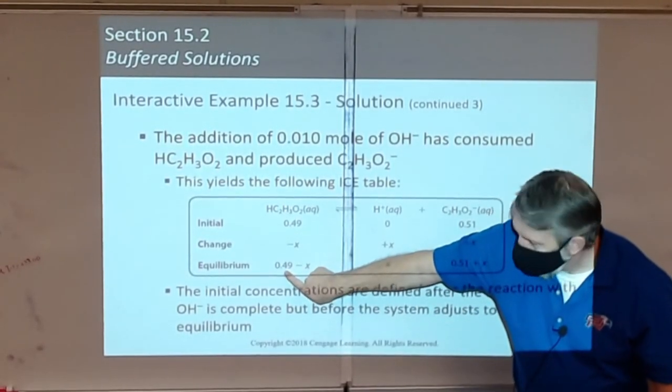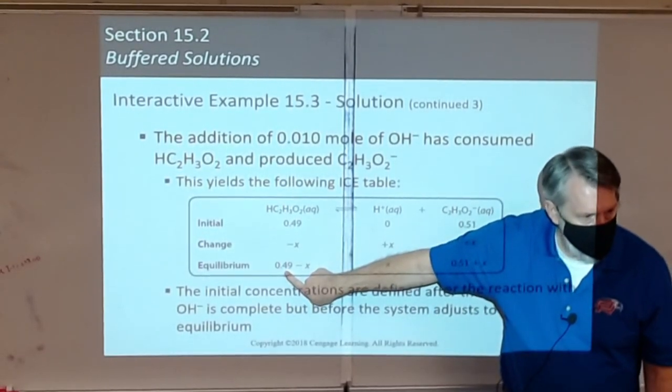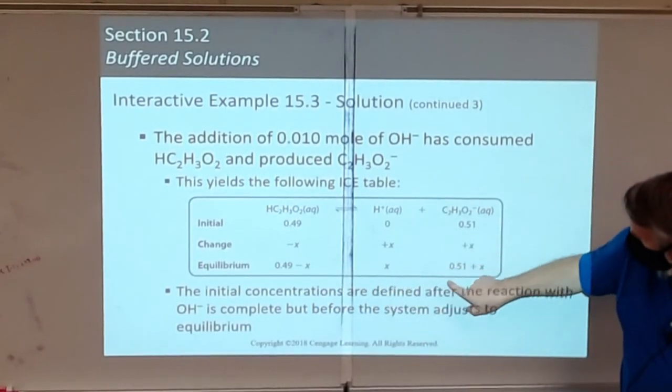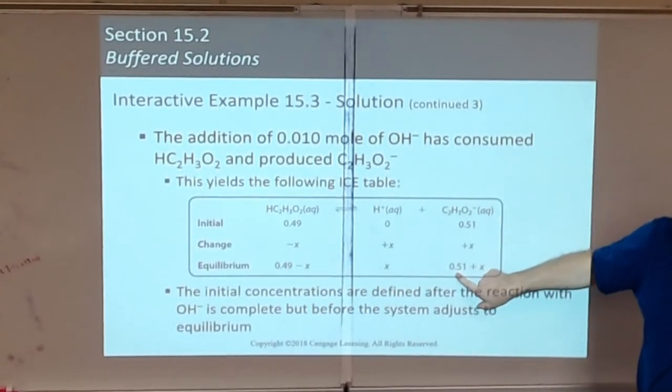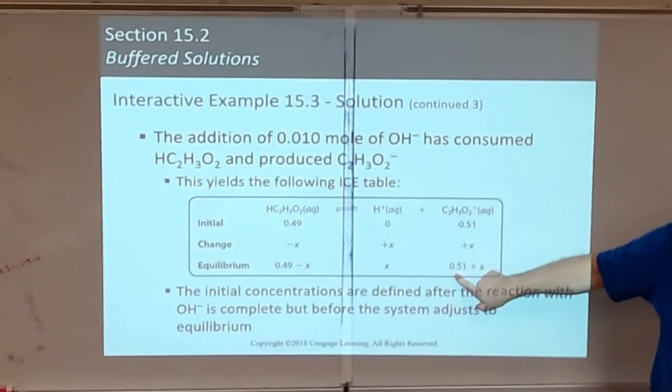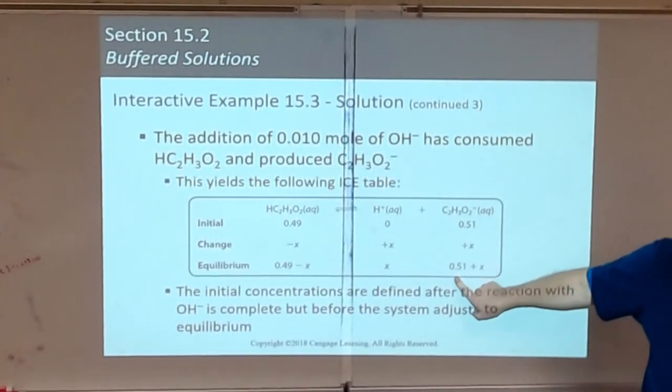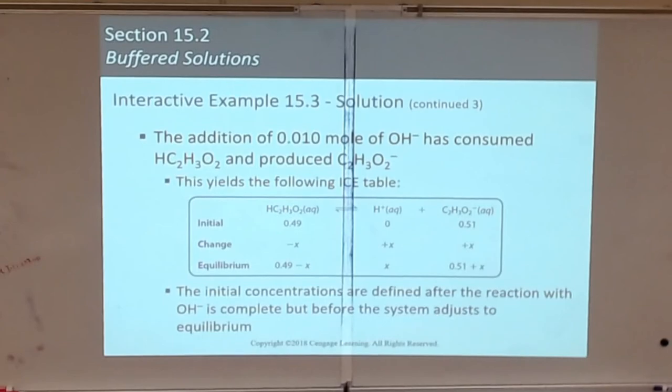I start out with a little bit less acetic acid, and I end up with a little bit more acetate. How do you think that affects our math? A lot or a little? Just a little bit. Because it's still pretty close.